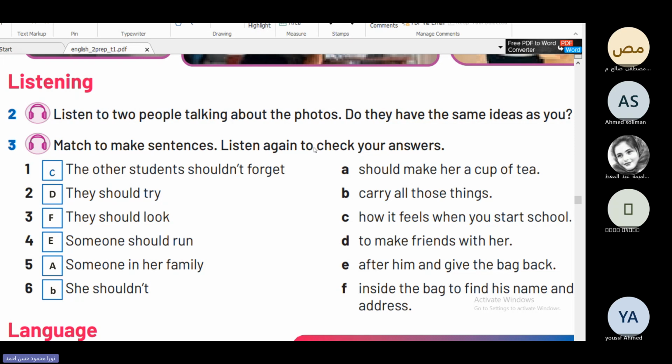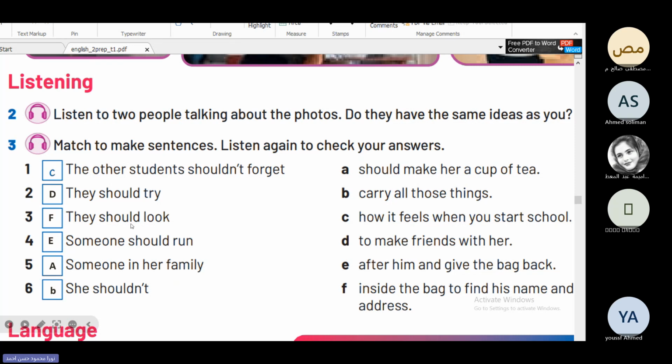We will be matching these two parts of sentences to make one complete sentence. For example, the other students shouldn't forget how it feels when you start school. The second one, they should try to make friends with her. So this is about the girl in photo number 1.